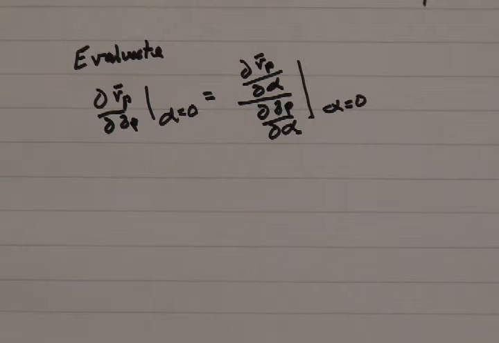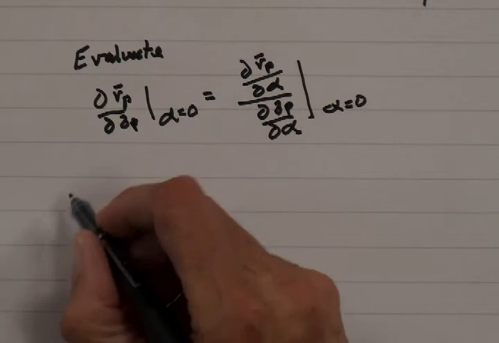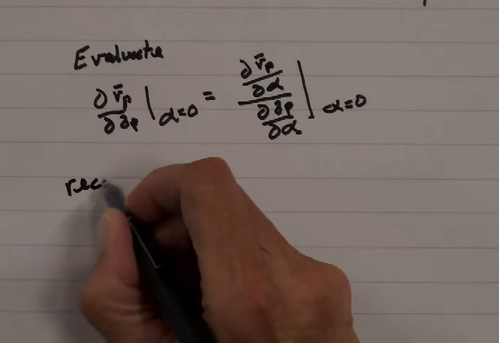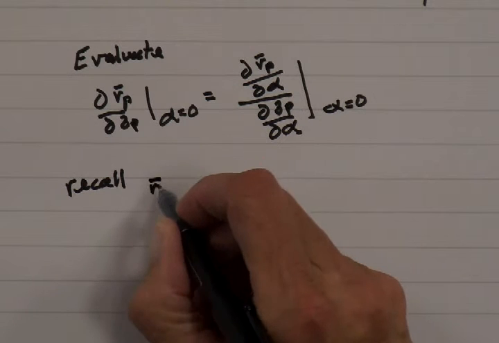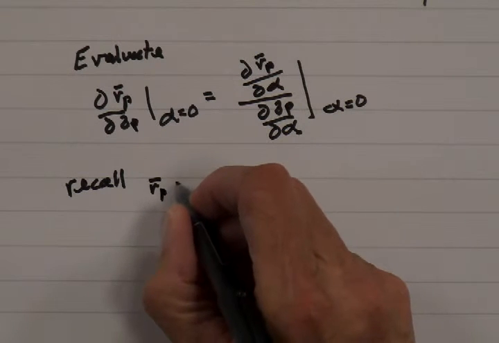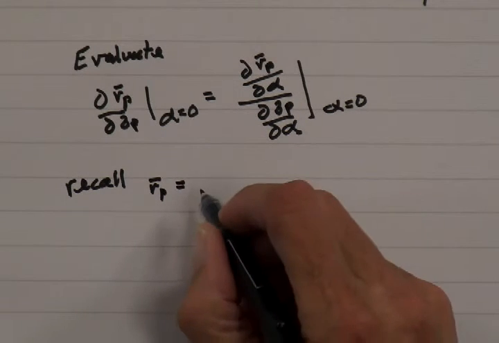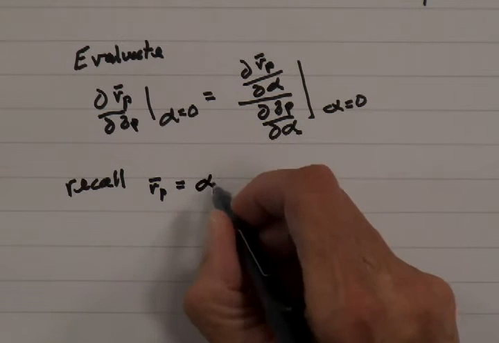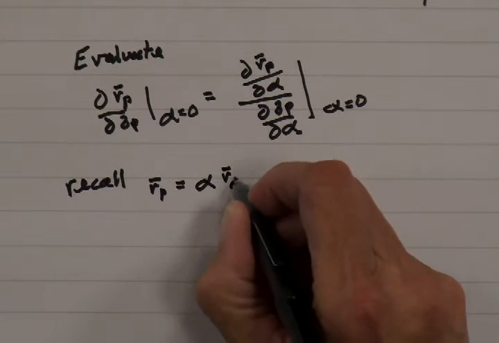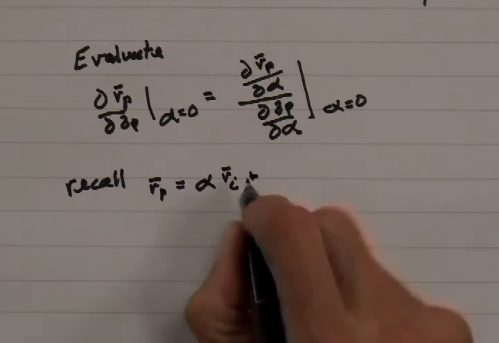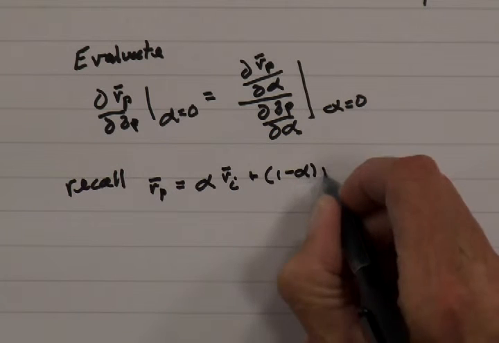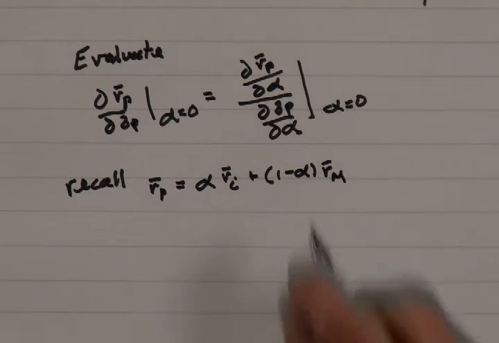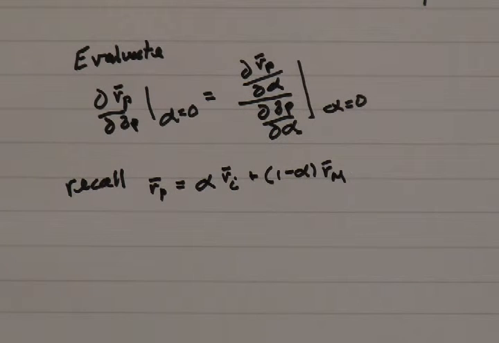Okay. Now, let's recall the following, that R bar P equals alpha R bar I plus 1 minus alpha R bar M. Remember, here we have alpha, we're evaluating this at alpha equals 0.